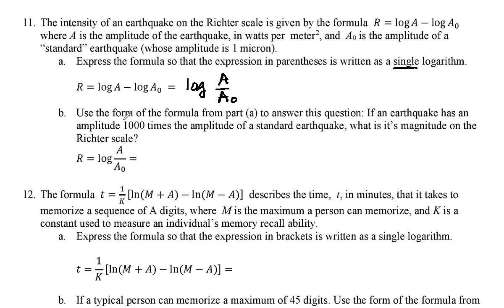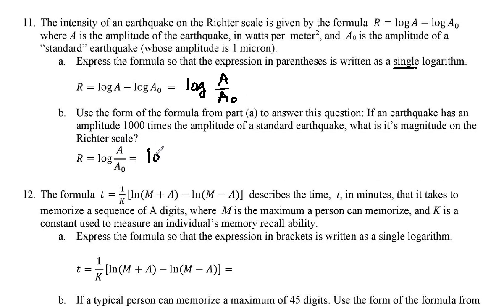And then we're going to use the form of the formula in part A to answer the following question. So if an earthquake has an amplitude 1,000 times a standard earthquake, what's the magnitude on the Richter scale? Okay, so that's saying find the log of A over A0. So evaluate this thing. Well, what's the amplitude of our earthquake? Well, it's 1,000 times as big as A0, the standard earthquake.